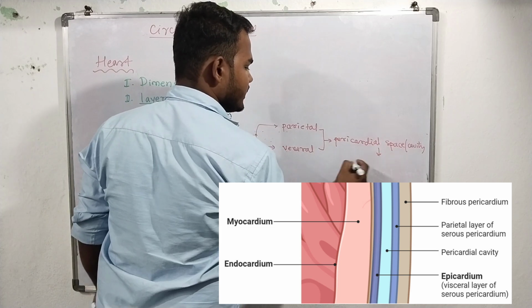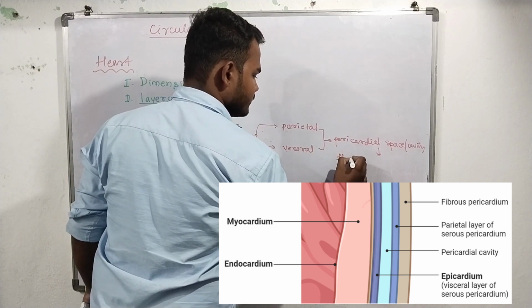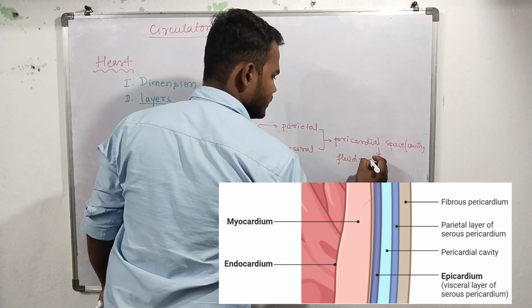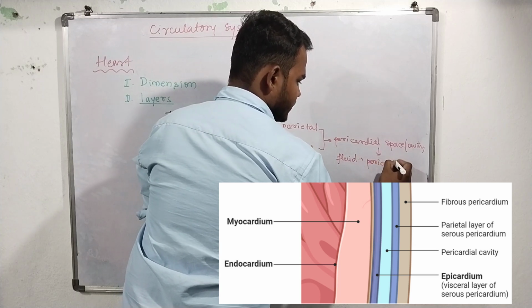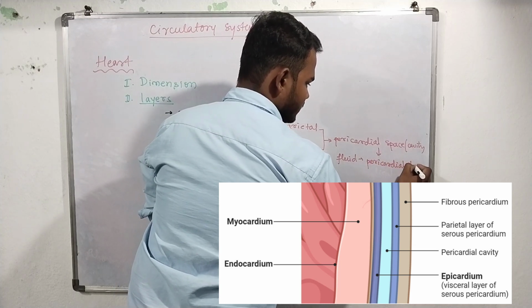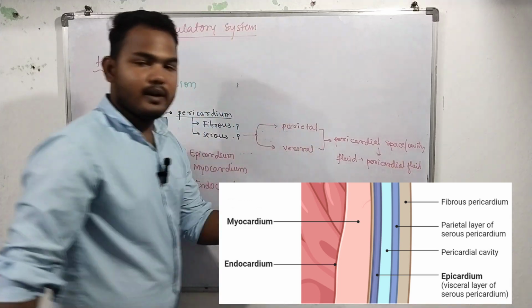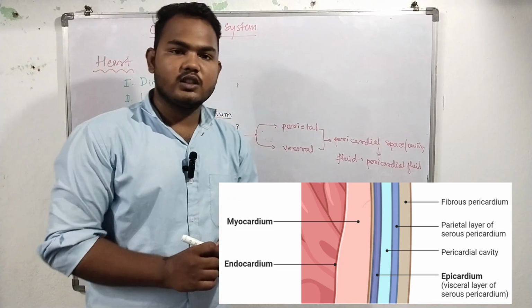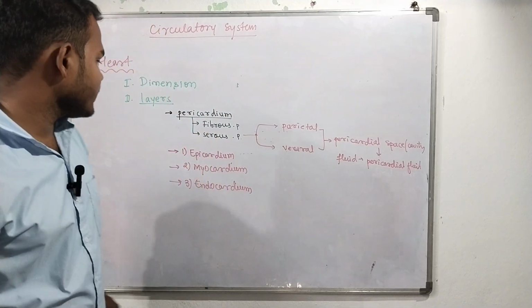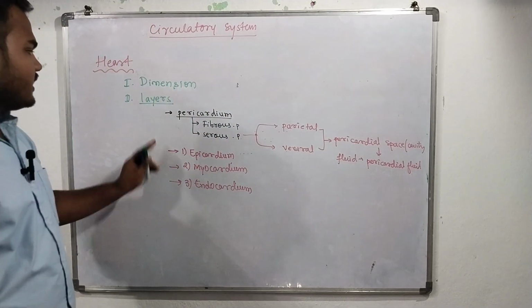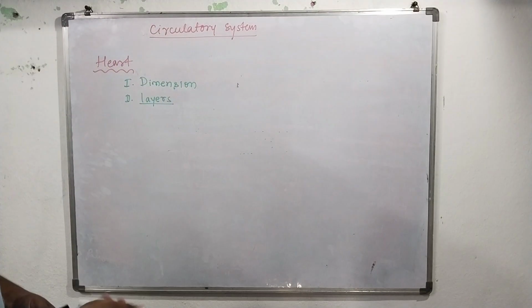In this, there is a fluid that is called pericardial fluid, and it is meant for the lubrication of the heart during the contraction and relaxation of the heart. Okay, now this is all about the layers of the heart.